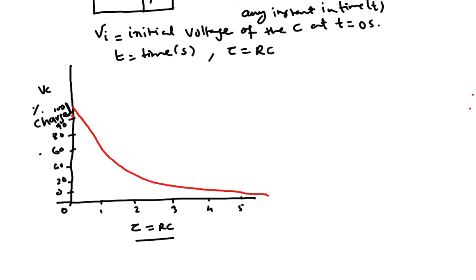Essentially it goes to 0, but it's not drawn properly. So let me draw it well. We'll say that at 5 time constants, it should reach 0.